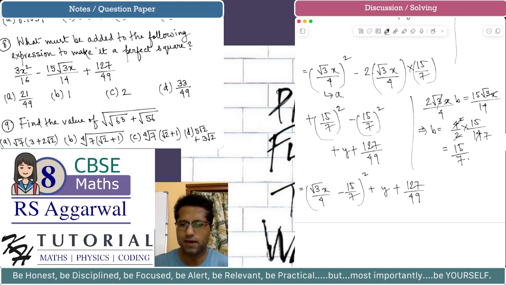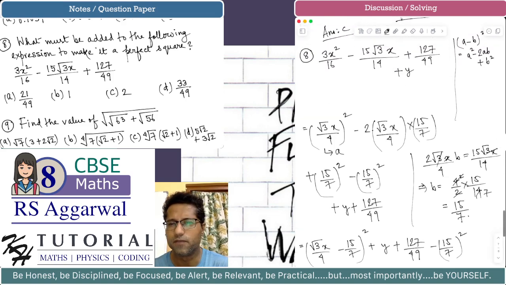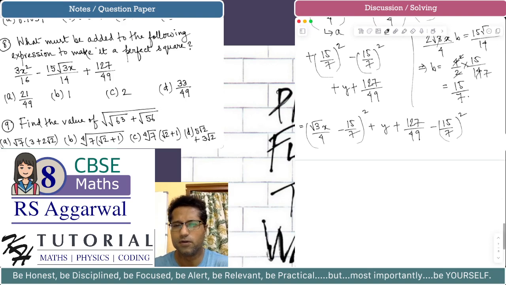So we have also this minus 15 by 7 square. Now clearly, we have assumed that y need to be added to make it a perfect square. So we already have this perfect square, that is a minus b whole square. So somehow we have to make this part, y plus 127 by 49 minus 15 by 7 whole square, equal to 0.